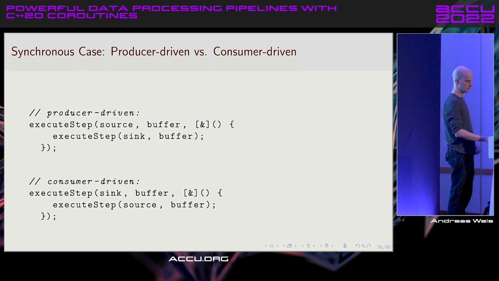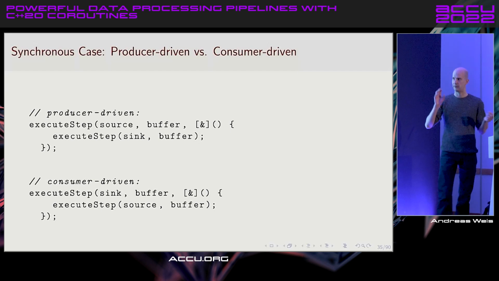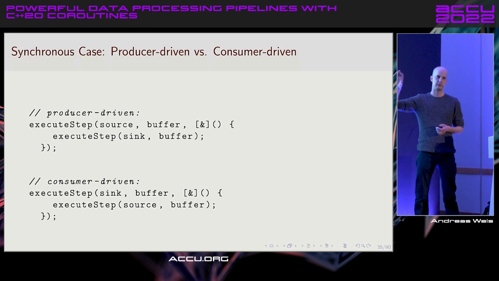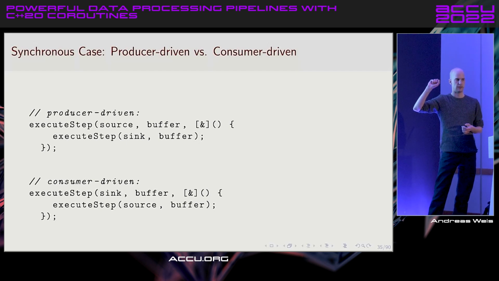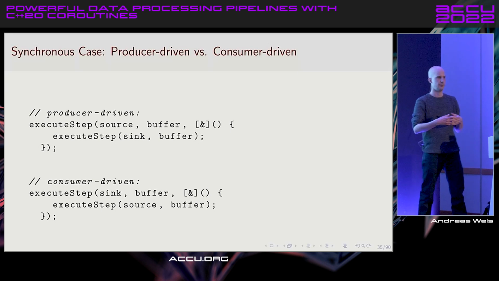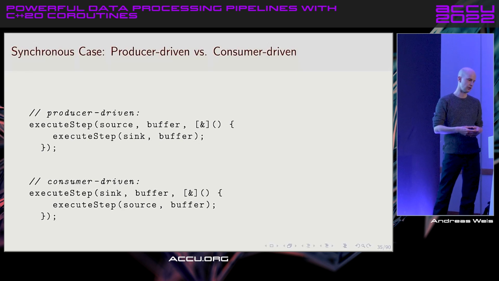The thing is, if I want to change from one approach to the other, I pretty much need to touch every bit of code that I've written except for the implementation of the steps themselves. So this is a pretty invasive change.